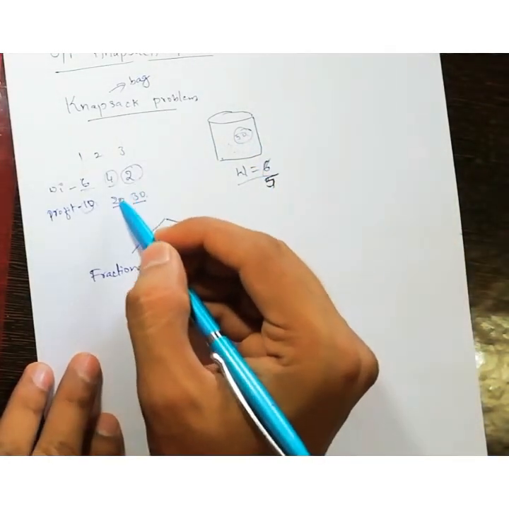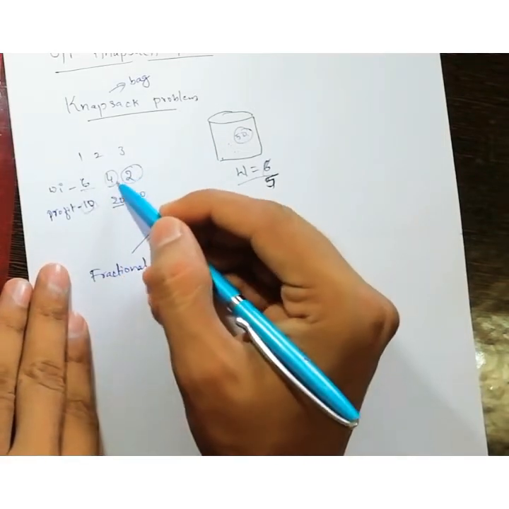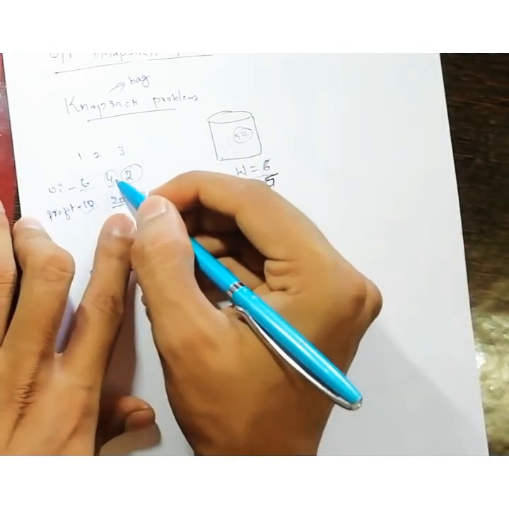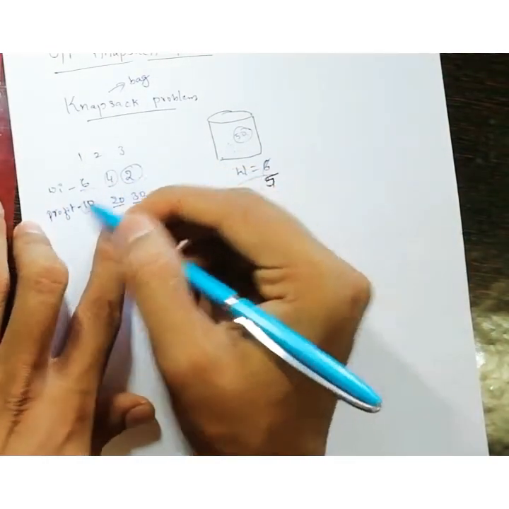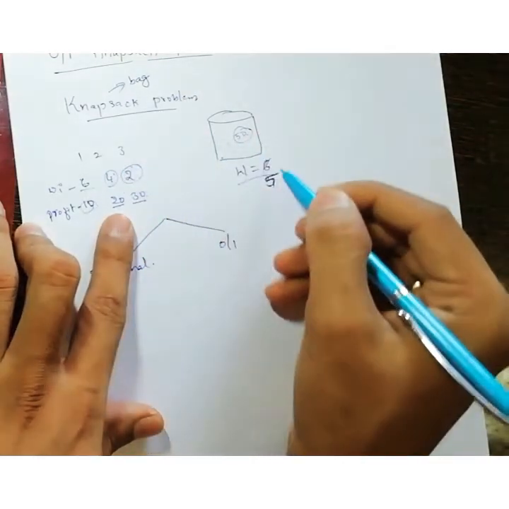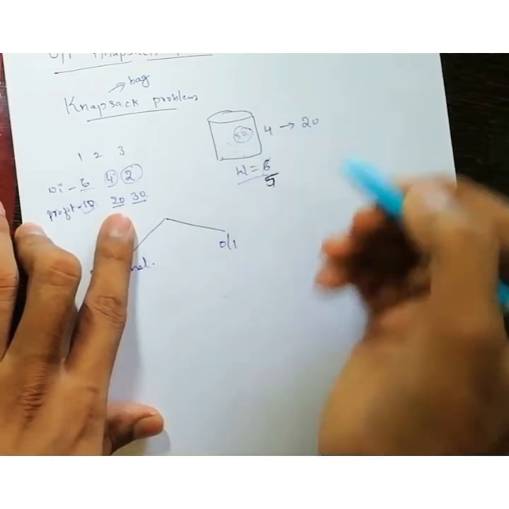I will select these two. So 4 I will insert so that I can get 20. That is 4 kgs; weight is in terms of kgs, profit in terms of rupees, whatever it may be. So 4 kgs I can insert in the 5 kg bag so that I get a profit of 20.